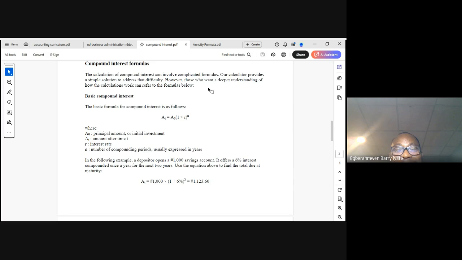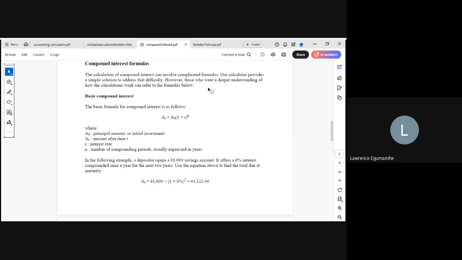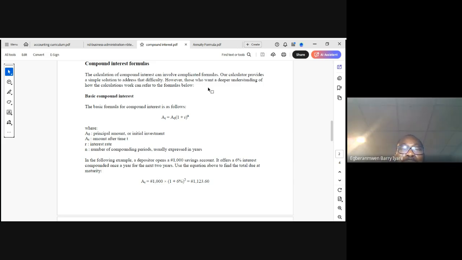In compound interest, the lender is the one that benefits most from it. Because if you as a lender lend somebody, let's simplify it, 1,000 naira at 10% per annum for 3 years.